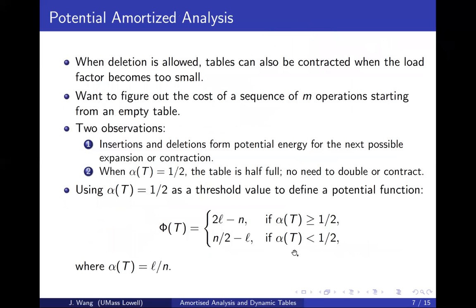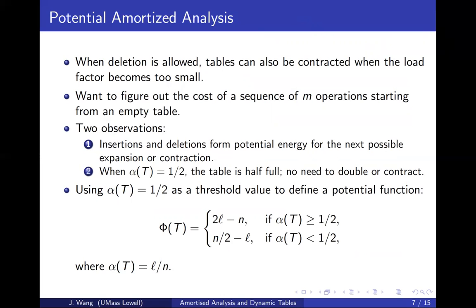So we're interested in, let's say I have a sequence of n insertions and deletions, and I want to know on average the cost for each operation. Okay, so we're going to use a potential function. We want to figure out the cost of a sequence of m operations starting from an empty table.